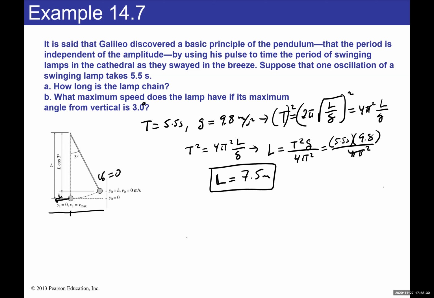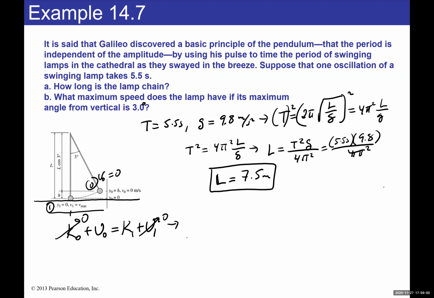Well, the easiest way to do it is using the energy method. The only force acting on it to make it move is gravity, and it's a conservative force. Energy is conserved. That means kinetic energy K0 plus potential energy U0 is equal to K1 plus U1, where this is point 0 and this is point 1. It's going to start from rest at point 0, and point 1 is my reference position, so there's no potential energy there.